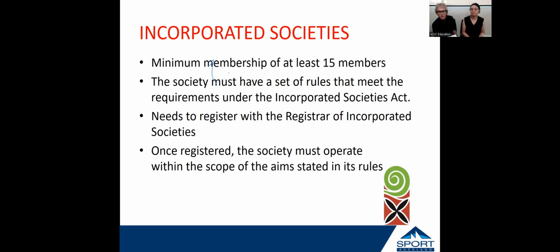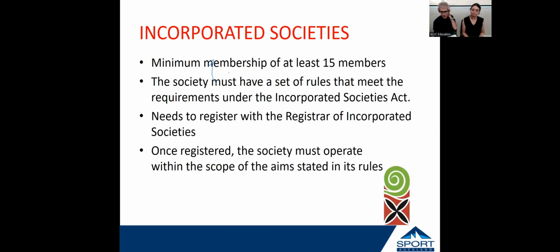Just a comment on that. There is a compliant template rules builder on the website of the Registrar of Incorporated Societies. So you can build a set of rules using what is currently a compliant model rules.